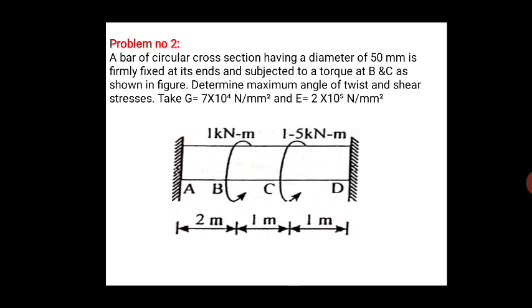A 1 kilonewton meter torque is applied at a distance of 2 meters from the left end, and along with that there is 1.5, that is a second node. At a third node there is a 5 kilonewton meter torque which is applied at a distance of 1 meter from the right end. Now for this problem we need to analyze by our regular FEA techniques.